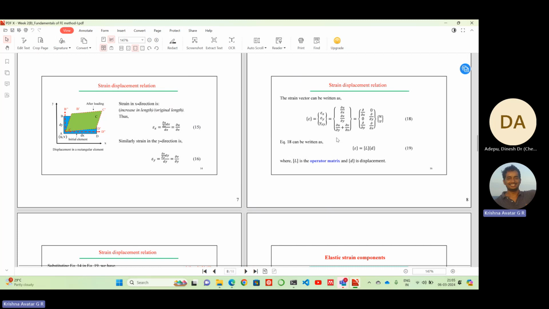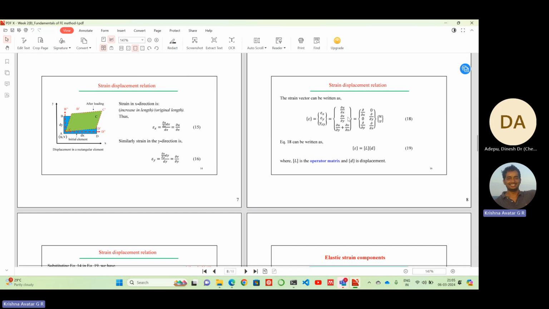Again, from the principle of minor symmetry, epsilon ij is the same as epsilon ji. So because of that symmetry about the diagonal elements, that 2x2 matrix has just three unknowns. That's why we are able to write it in matrix form.